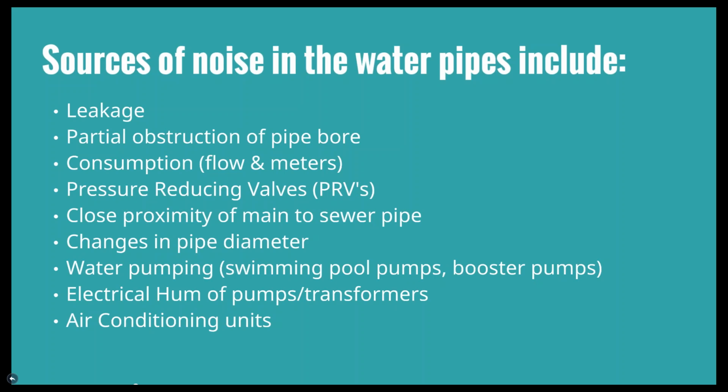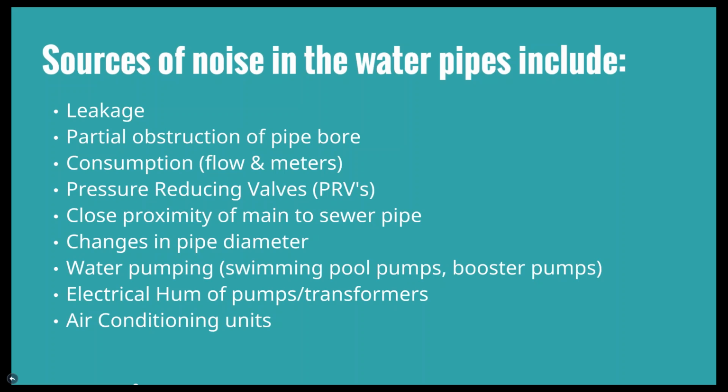PRVs are another way you can get noises in the pipe that can set off correlators or loggers. Having accurate GIS information in your contractor's hands or your staff's hands will help minimize the amount of false positives out there.